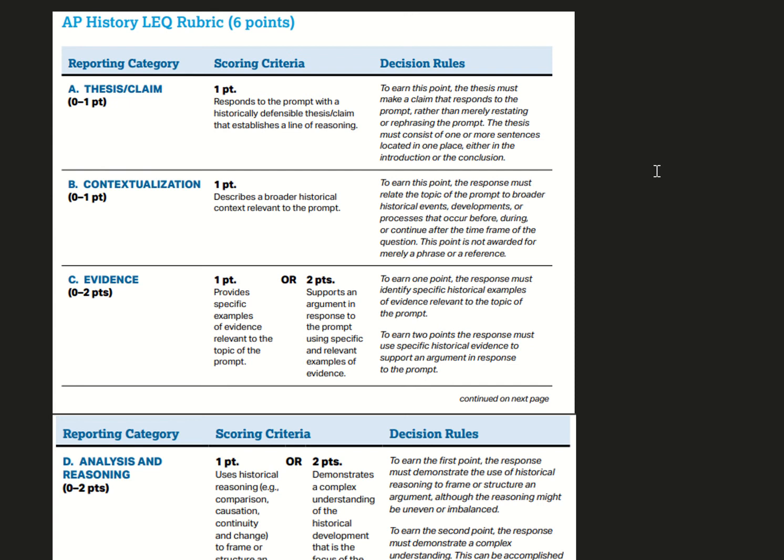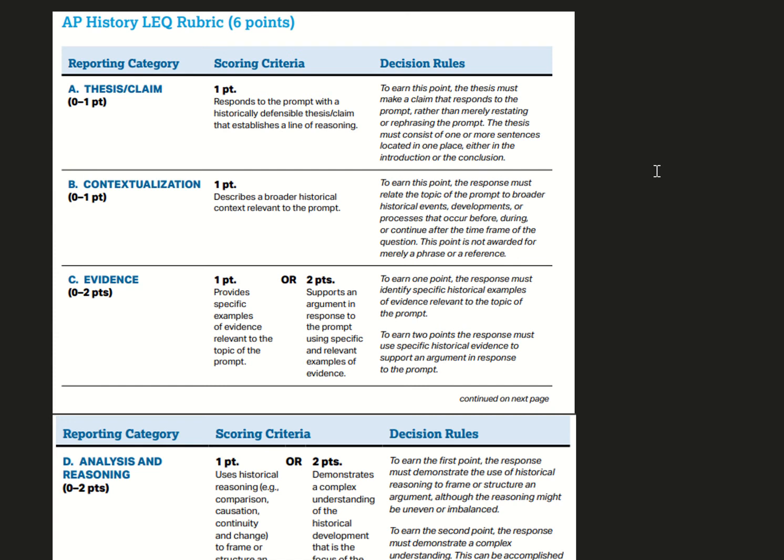It's the difference between saying chocolate chip cookie dough ice cream is the best because of X, Y, and Z, and cookie dough ice cream has cookie dough pieces in it. I like cookie dough ice cream. Those are just statements, true things, but they're not supporting an argument.